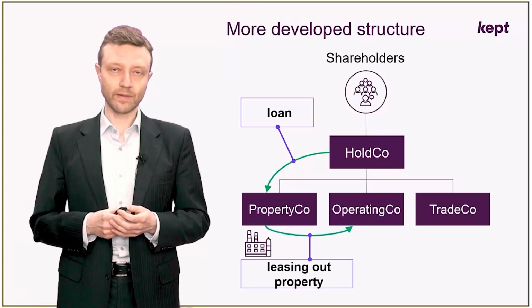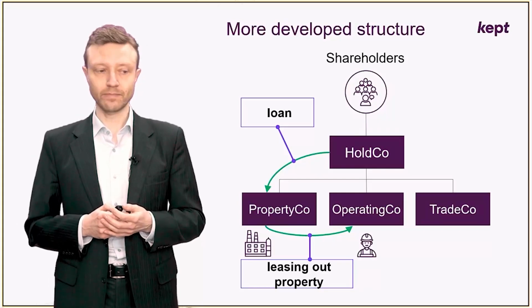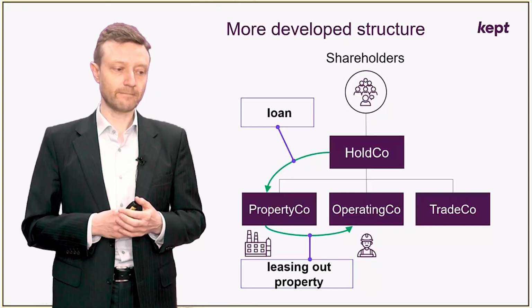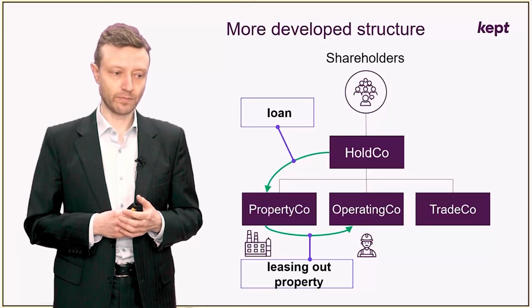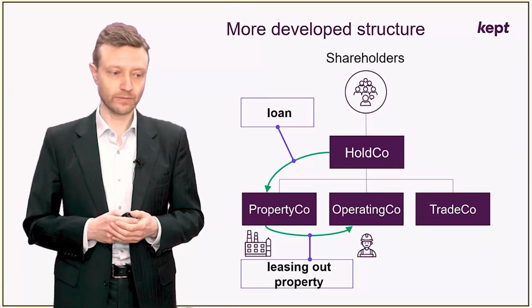But the main activities, the production itself, take place in the operating company that employs people, and it should lease the property owned by the property company, to make sure that it is able to conduct its operations.